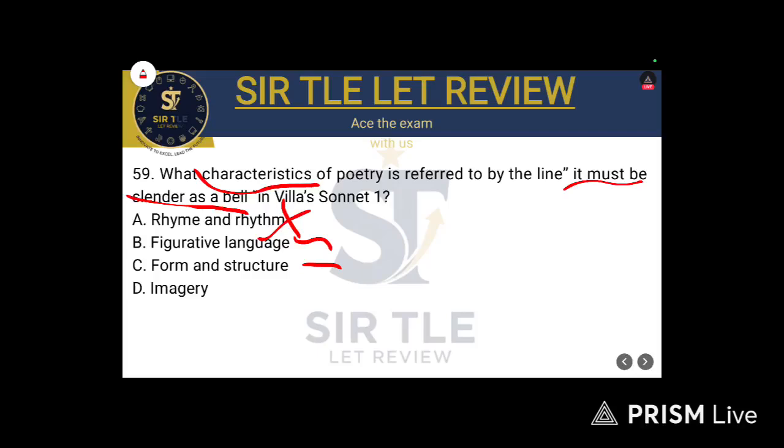Hindi naman nagka-rhyme yung phrase. Imagery, when we say imagery, it relates to text that triggers vivid sensory details like sight, smell, or taste. Answer here is it's either letter B and letter C. Okay, I will research on this, hindi ako sure eh.